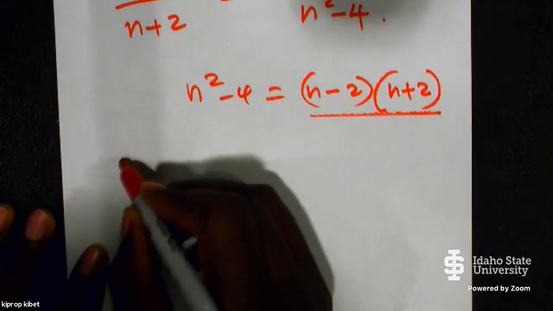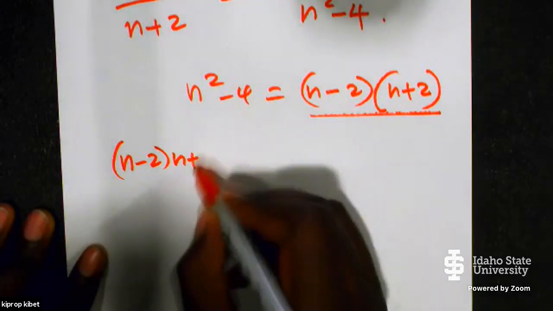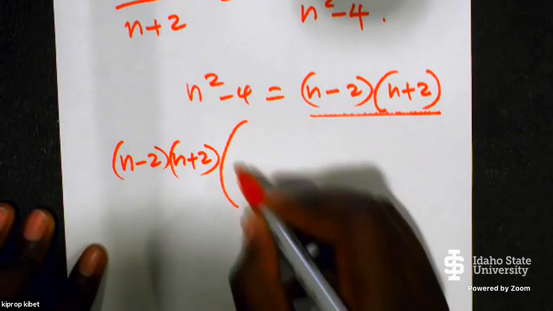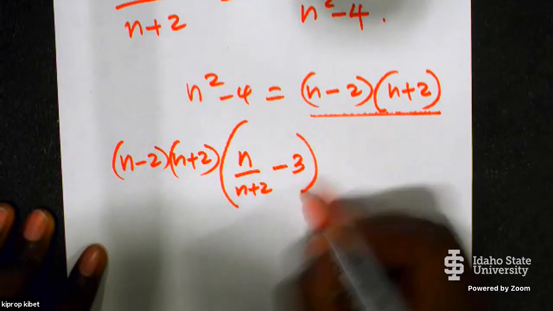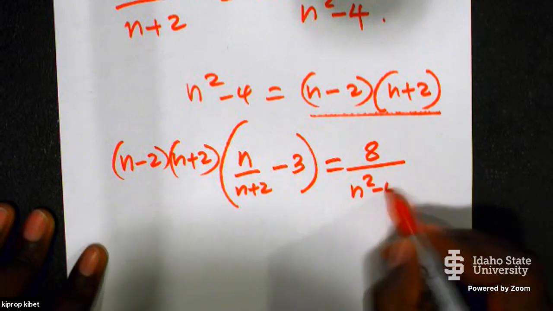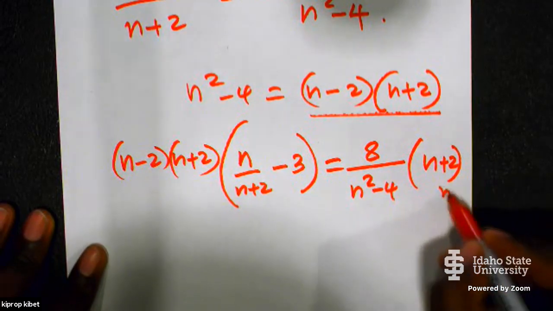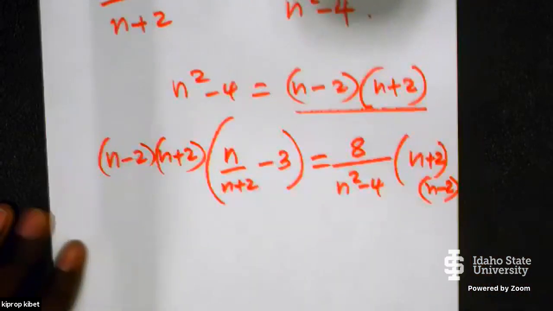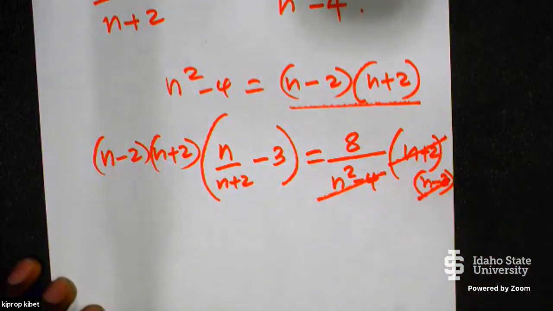So now, (n minus 2)(n plus 2), you multiply by n over n plus 2 minus 3 equals 8 all over n squared minus 4. Okay? So definitely this will cancel with that, right?